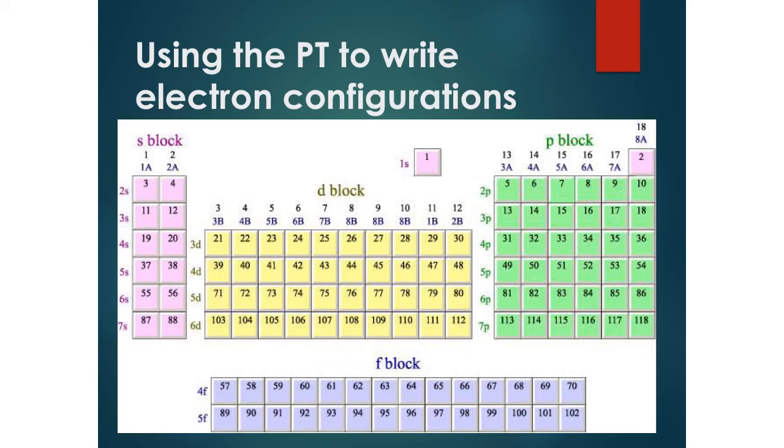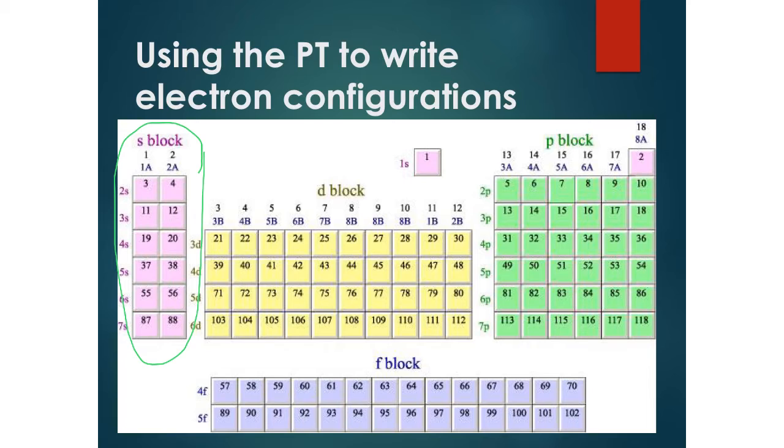All right. If you use your periodic table to do these, it becomes much easier. So let's take a look at our periodic tables and let's actually label some stuff on our periodic tables. So group 1 and 2 is what we call the S block.